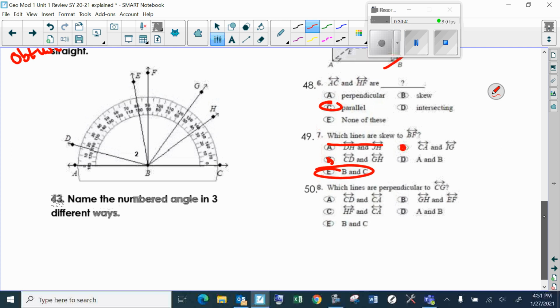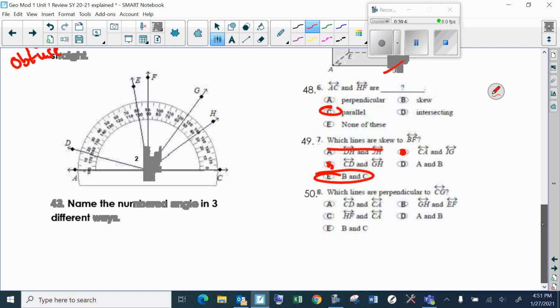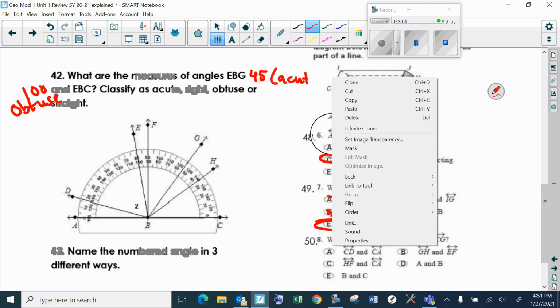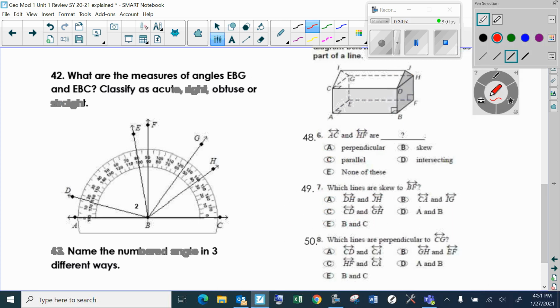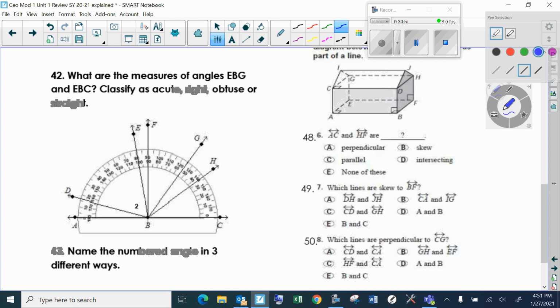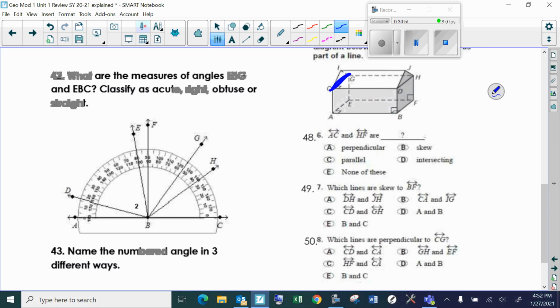Remember, it's 90 degrees, a right angle to line CG. Okay, let's just get rid of all that. Okay, to CG. So there's CG right there. We want perpendicular. Okay, CD.